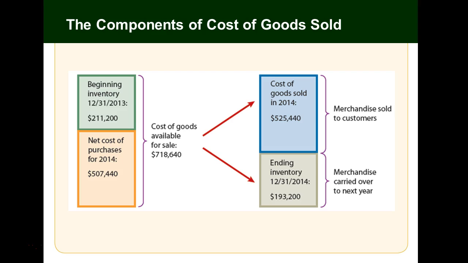Then what's sitting on our shelves at the end of the year, we show here of $193,200. That's going to get carried into the next year. The difference between all of our goods available for sale minus our ending inventory, the difference is what we sold because we don't know what else happened to it. Does that make sense?